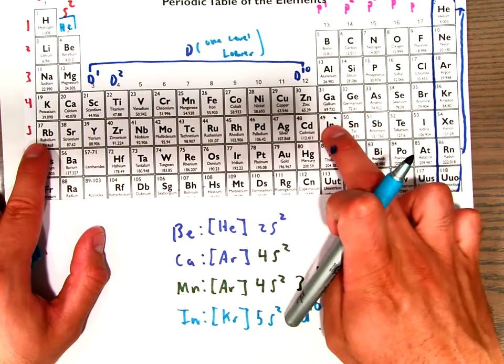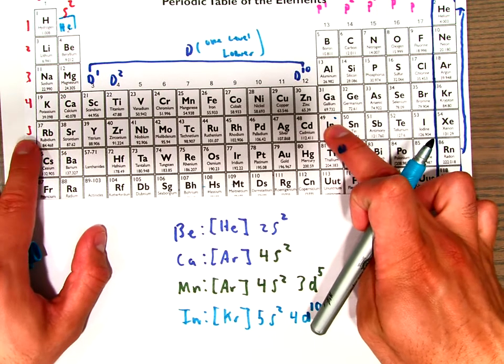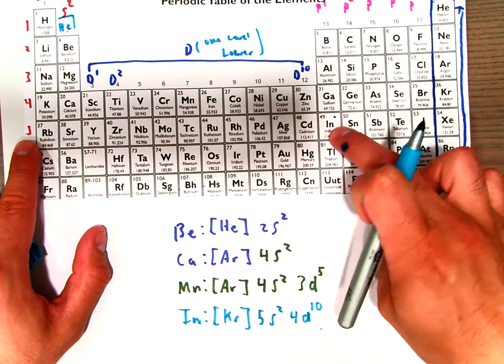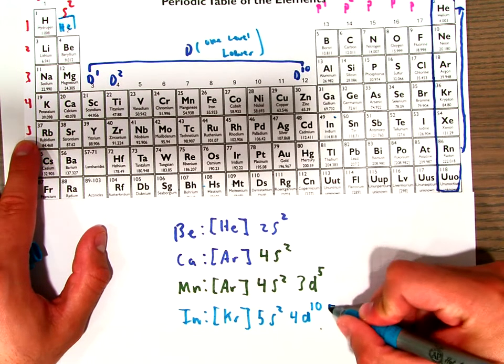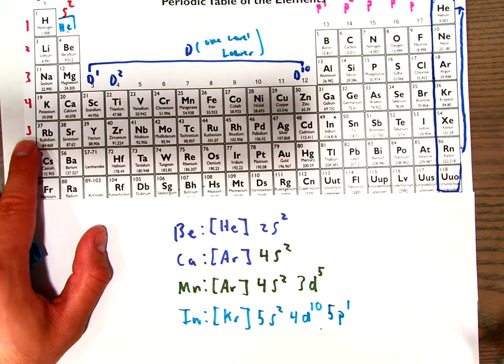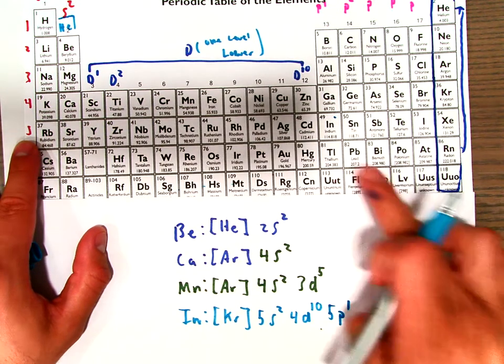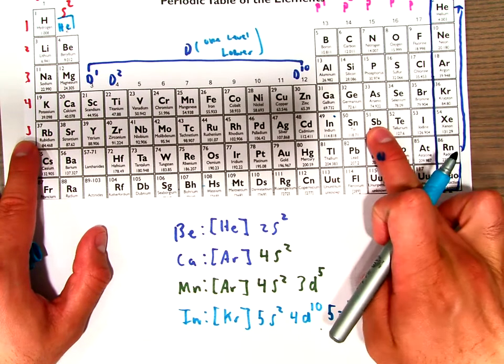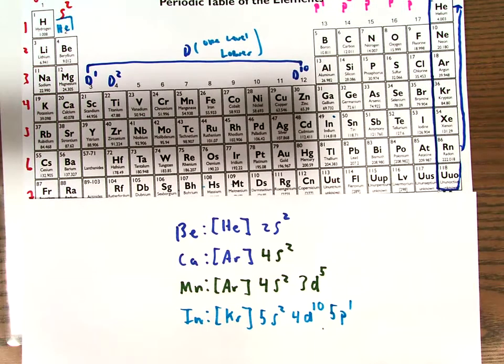So this is not 4p, this is just the regular 5p1, and that's it. Then for example, this would be 5p2, and so forth. Same trend. So that's pretty much how you write electron configurations. I know it's a little bit difficult, but I will also be providing you with a few other resources to review this.